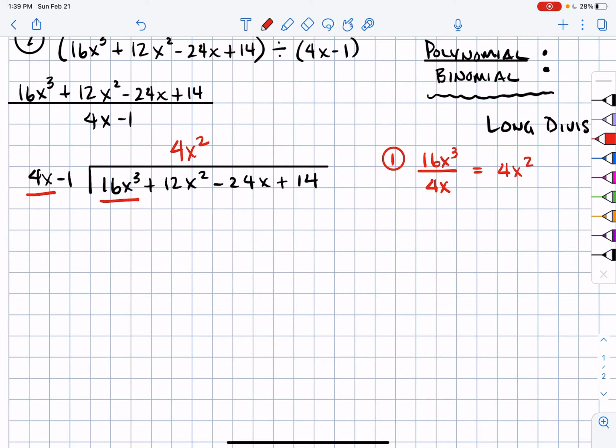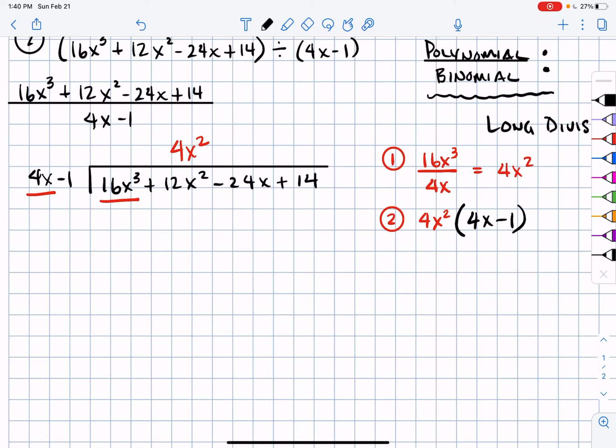Second step would be to multiply. So this is step 2. I want to take that 4x squared that I just found in step 1 and multiply it by that 4x minus 1, which is this whole thing right here. Which means I've got to distribute.